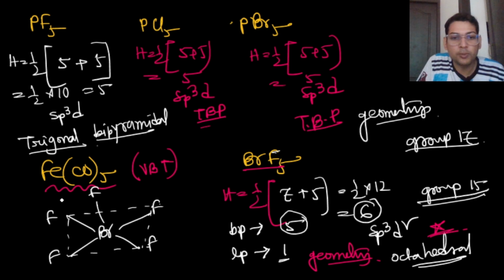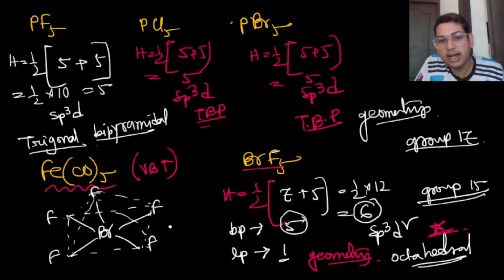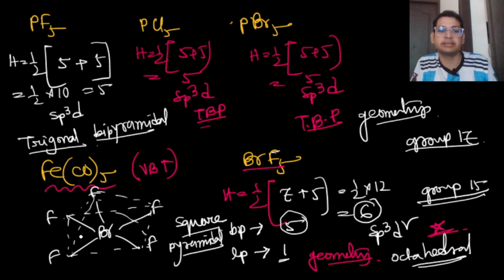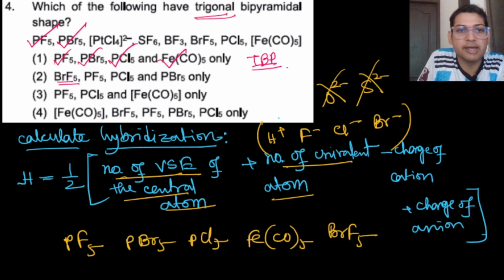In your shape lone pair is not counted. It is looking like a square pyramidal structure. Very good. So BrF5 will be having square pyramidal, and the rest are already done.